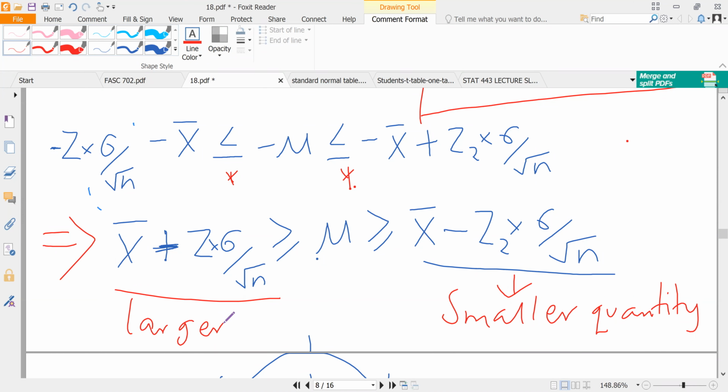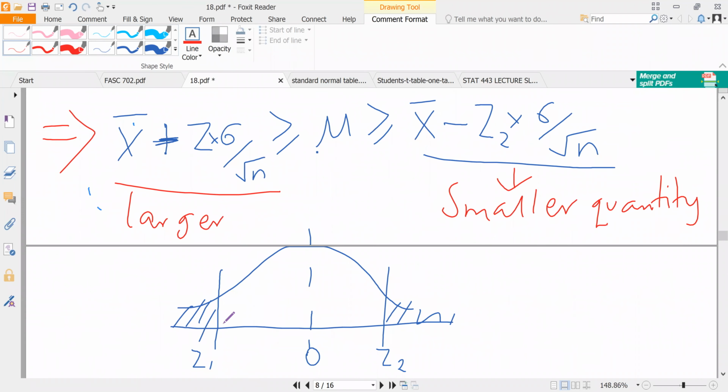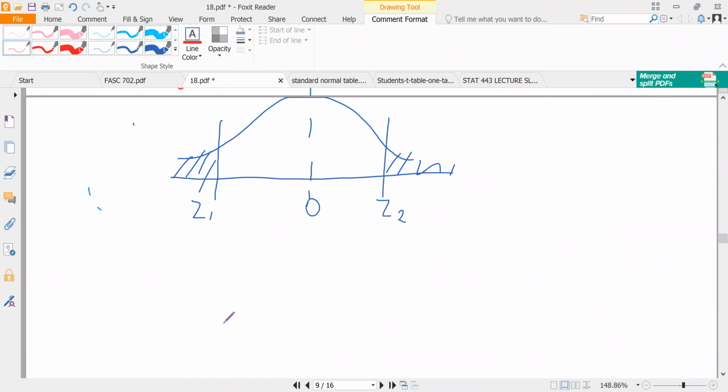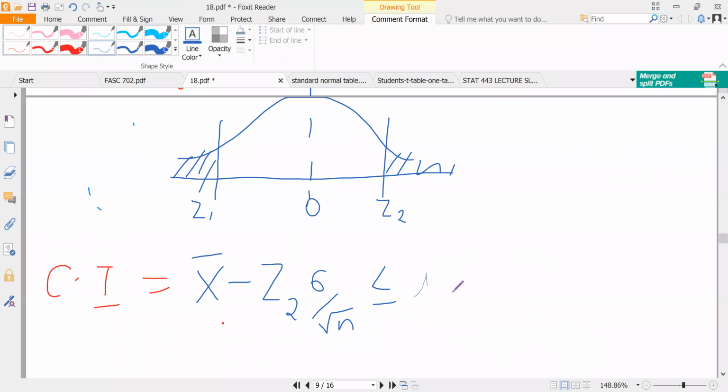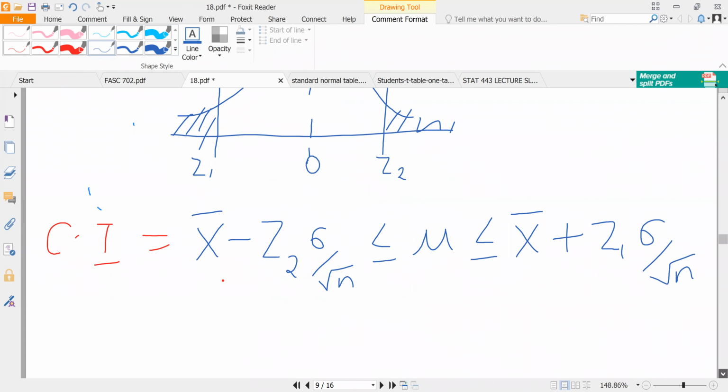So we can rewrite this whole expression so that now our confidence interval becomes x bar minus z2 sigma over root n less than or equal to mu less than or equal to x bar plus z1 sigma over root n.